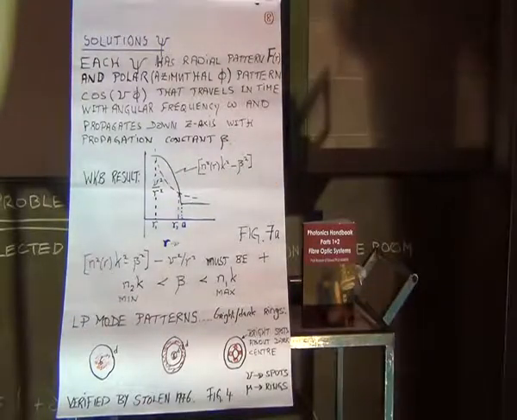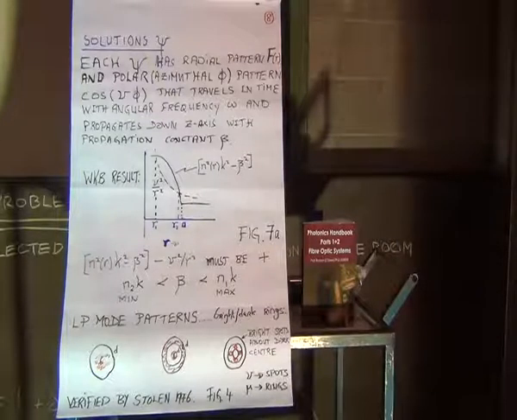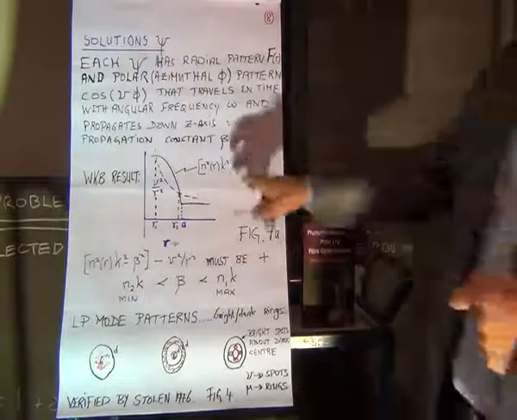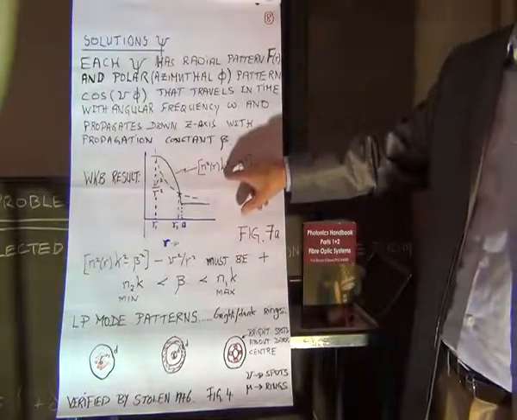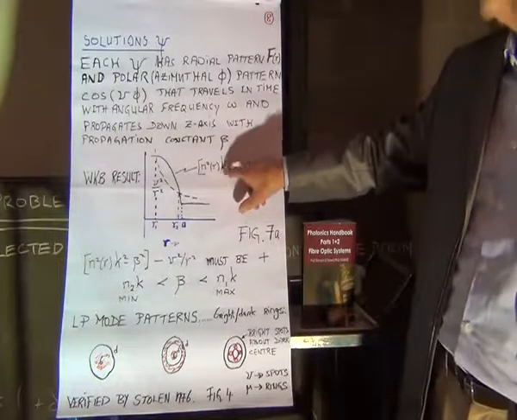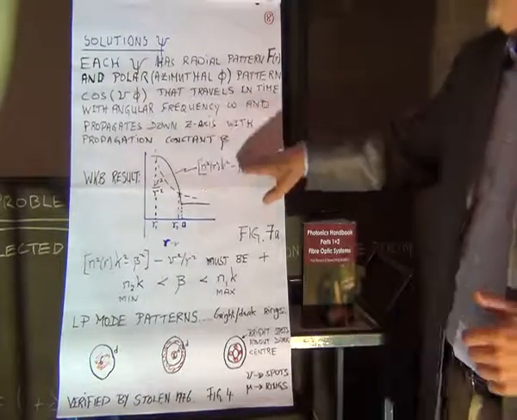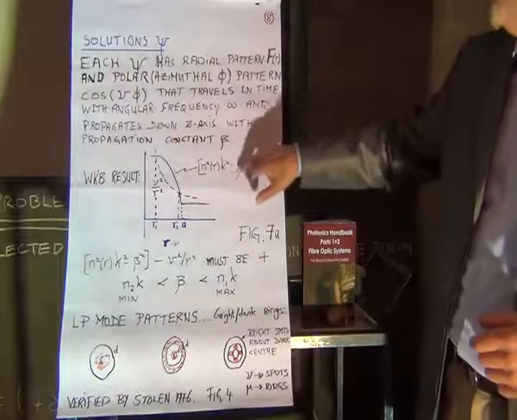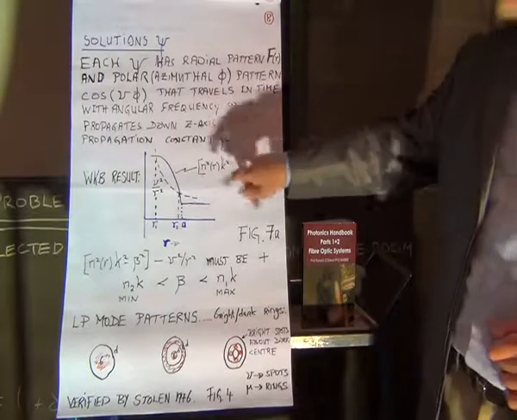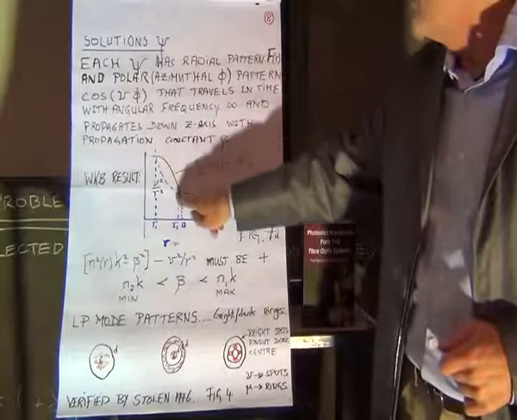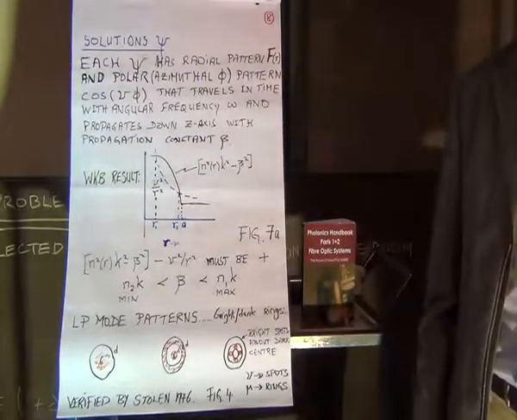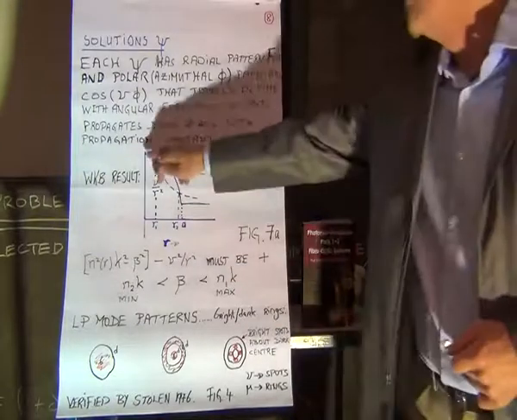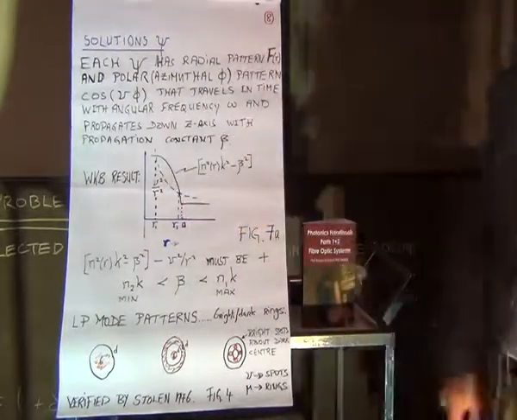n of r is some kind of a graded profile. If you square it, it still looks like a graded thing. And if you multiply it by 2 pi over lambda, well, you've fixed your lambda, your wavelength. It's 1.3 or it's 1.5 microns. So all of that, and the whole thing is pulled down by beta squared. So it all looks like, to all intents and purposes, the refractive index profile, in the core and the cladding.